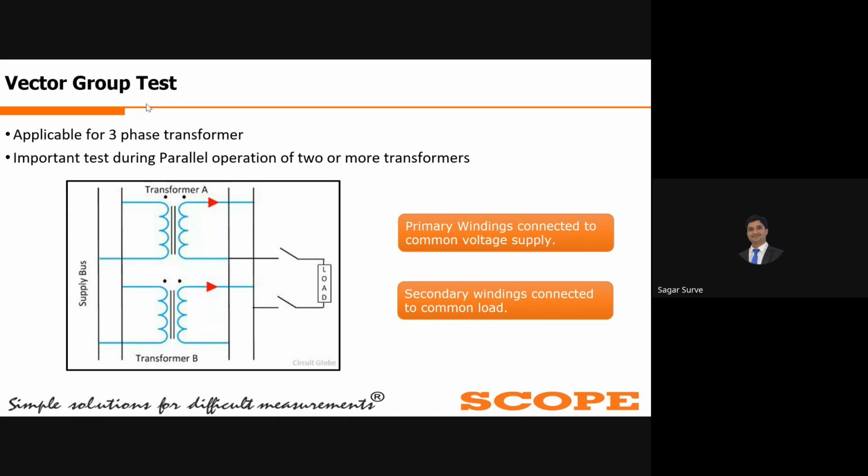So both transformers in this picture, transformer A and transformer B, have the same voltage supply and the same load also. That's why it is important that they are working in phase, or with the same vector group, without any displacement.